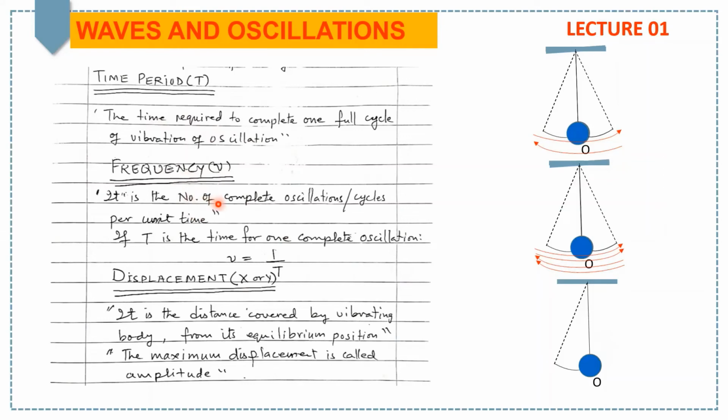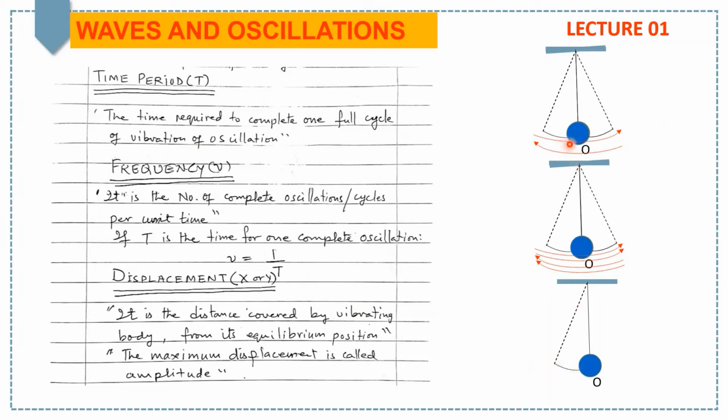Here are a few definitions which are very important to understand. For example, in the case of a simple pendulum having mass m suspended with the help of a string, and the upper end of the string is attached to a rigid support. When we displace the mass m from its equilibrium position, the distance covered by this body from its equilibrium position is called displacement. And the maximum displacement it covers is called amplitude.